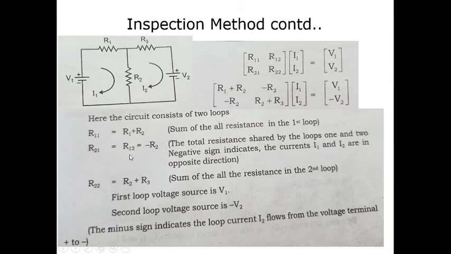Then R21 is equal to R12, that is minus R2, the resistance shared by loops 1 and 2. The negative sign indicates that currents I1 and I2 are in the opposite direction. Then R22 is the sum R2 plus R3, all the resistances in the second loop. The first loop voltage is V1, the second loop voltage is minus V2. This is how we write it by the inspection method.